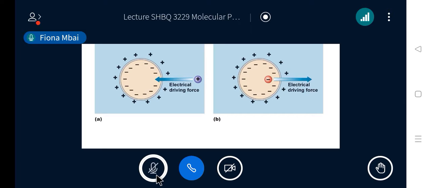Okay, so the chemical driving forces in scenario in living cells. So here again is the plasma membrane, and here is the electrical driving force. You can see the positive ion trying to go in, or the opposite negative ion electrical driving force going out. For a negative ion to go out of the membrane when it is surrounded by positive charge will be a Herculean task, because these instead attract rather than repel.